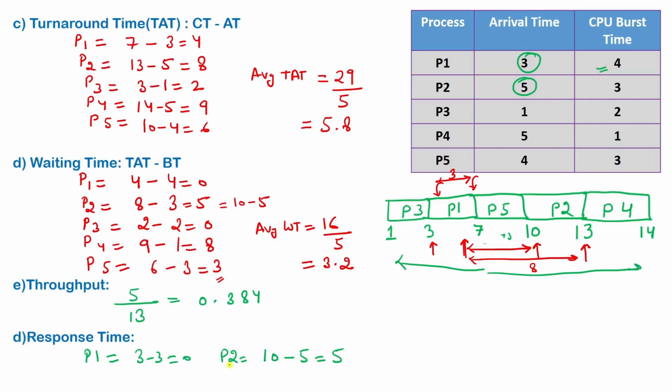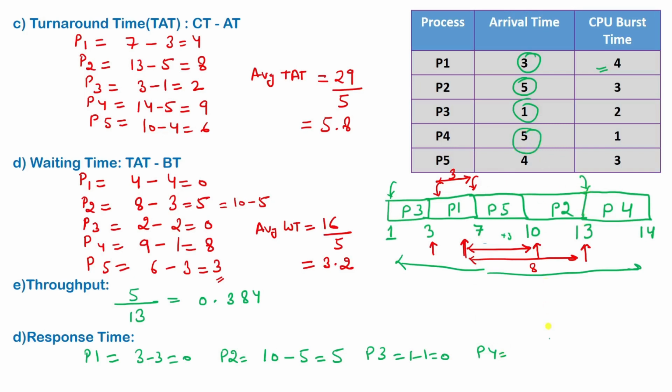So you will see that in case of FCFS algorithm or for any non-preemptive algorithm, the response time is actually the waiting time, or you can say response time is equal to waiting time. Okay. That's why we are getting the same values as the waiting time. Now for P3, you can see P3 came inside the ready queue at 1, got the CPU at 1. Okay. So for this, response time will be 0. Now for P4, came inside the ready queue at 5, got the CPU at 13.